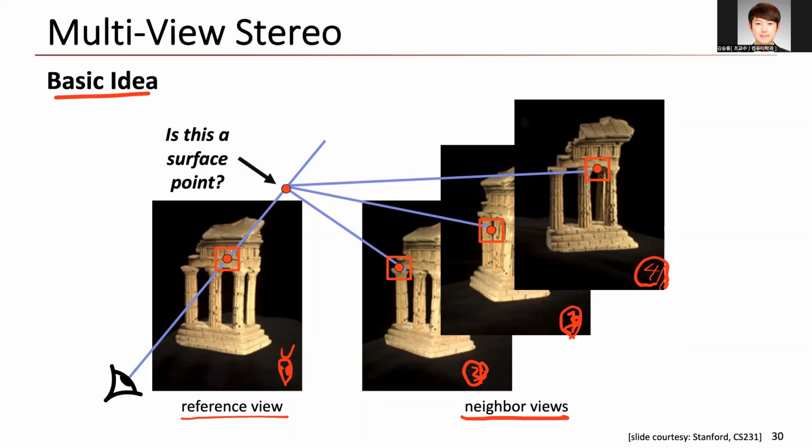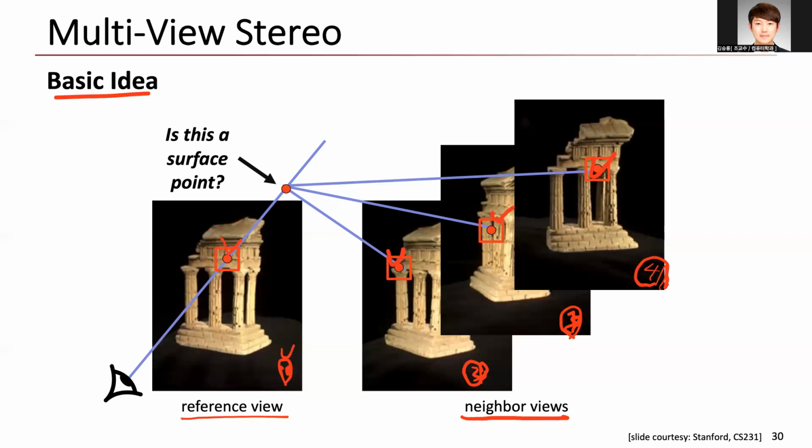In multi-view stereo matching, similar to stereo matching, for each pixel in the reference view, there exist corresponding pixels in the nearby views.